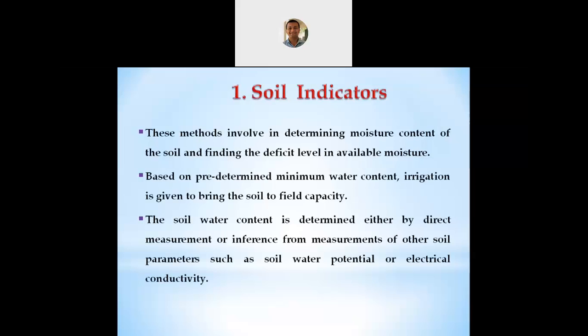So whatever alterations or modifications we plan for scheduling of irrigation, it all ranges between that field capacity and permanent wilting point. Now, based on the predetermined minimum water content, irrigation can be given to bring the soil back to field capacity, or maybe the soil moisture content is determined either by direct or indirect measurements, and based on that we can decide when to irrigate.